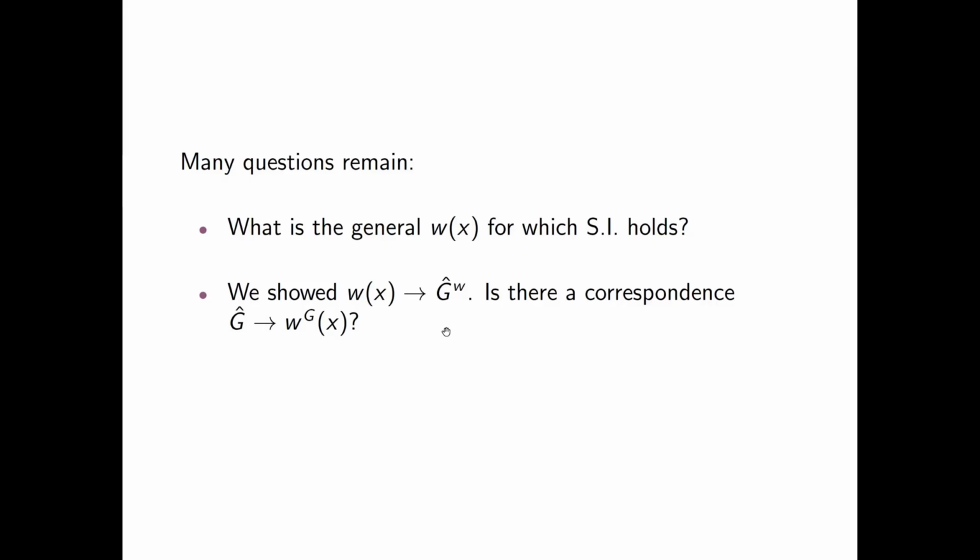So we can ask whether there is a correspondence in the other direction. The quantum toroidal algebra has many more objects of this kind, and this is actually why we're doing this in the first place. We can ask whether there are potentials that correspond to these, and maybe we can find more superintegrability formulas.